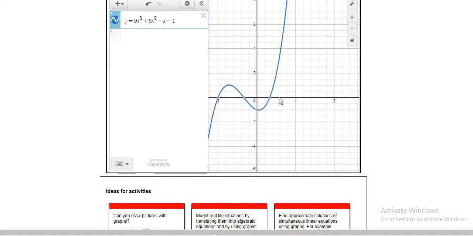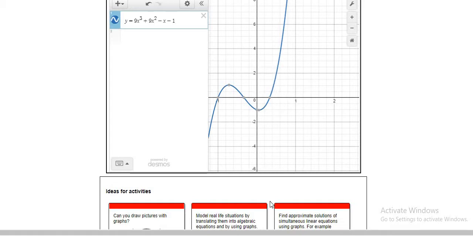It means that at this point it will be 0.5. This point will be 0. Approximately this point is 0.5.